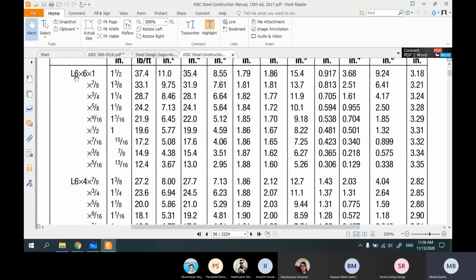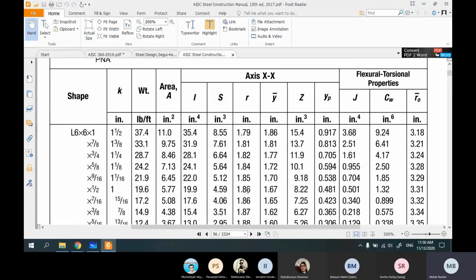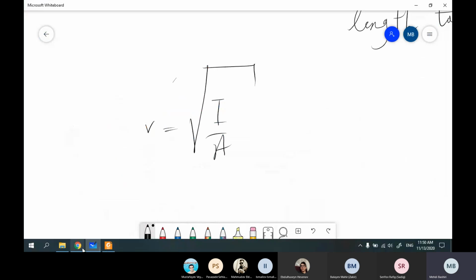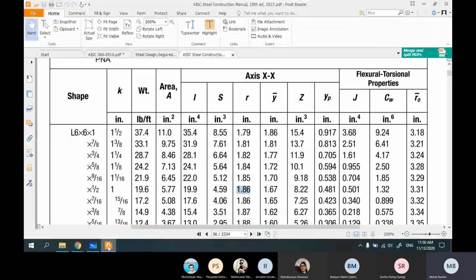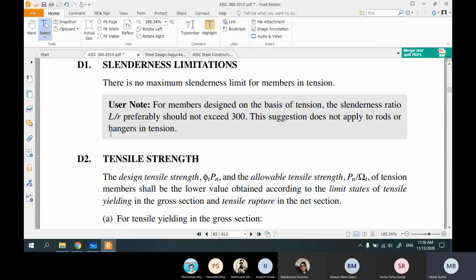So for example, L6.6 dot, for example, 1 over 2 that we talked about before, radius of gyration R is 1.86. So this R here is radius of gyration, and L is length.